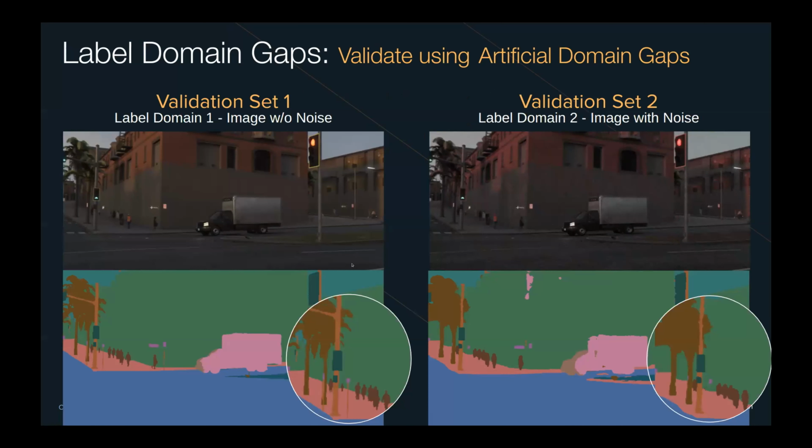So this is, again, just a model jointly trained without aligning your label space and having separate input spaces. The way we changed the labels here was that on vegetation, we made them blurry on one data set and made them precise on the other one. And you could see if we would feed this label domain one image, it would predict fine details on the vegetation. And if we would add noise to the image, it would start blurring them out, making them blurry. Same for the pedestrians, for example.